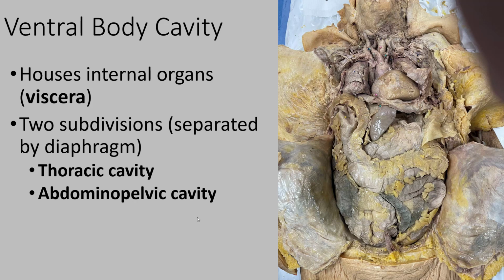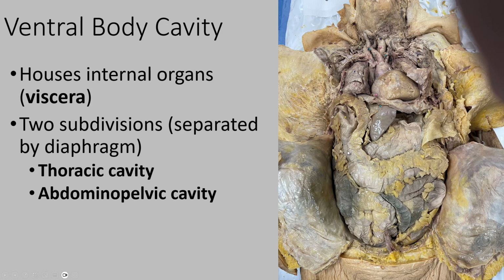And the ventral body cavity is further broken down into two cavities, the thoracic cavity and the abdominopelvic cavity. The thoracic cavity is the chest. The abdominopelvic cavity is down here, what we would sometimes call our belly or our gut.